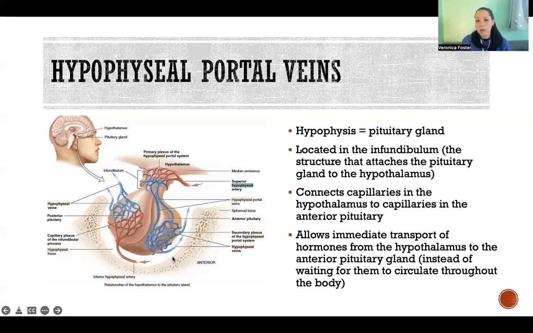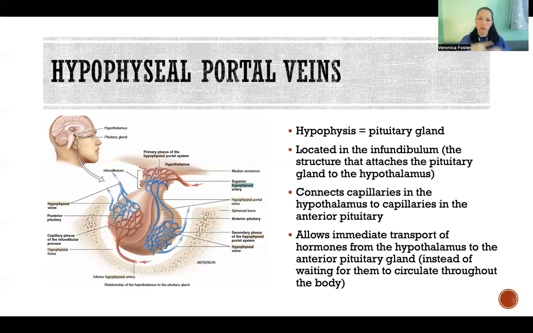In this case, the whole purpose is that the hypothalamus can secrete its hormones into the blood, and they're carried directly down to the pituitary gland, as opposed to without the portal vein, where it would secrete those hormones, they would go into circulation body-wide, and it would take longer before those hormones get back to the pituitary gland and have their action on the pituitary.